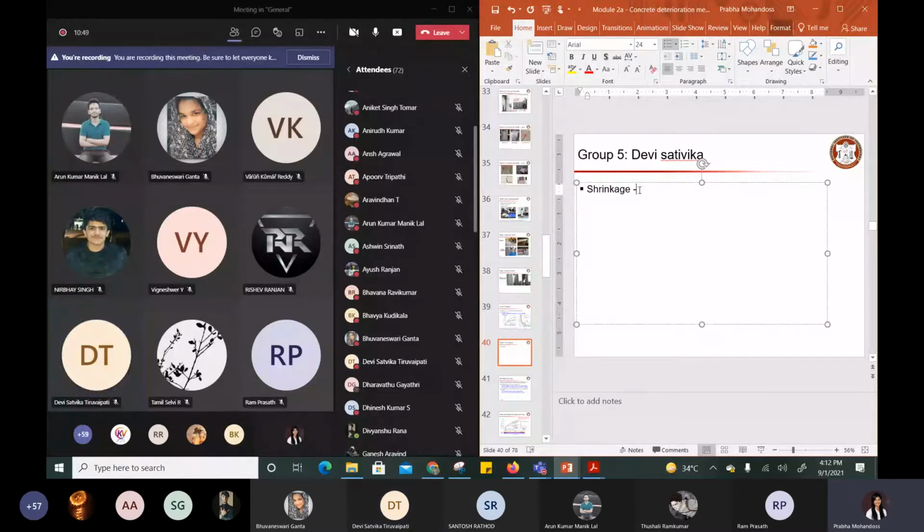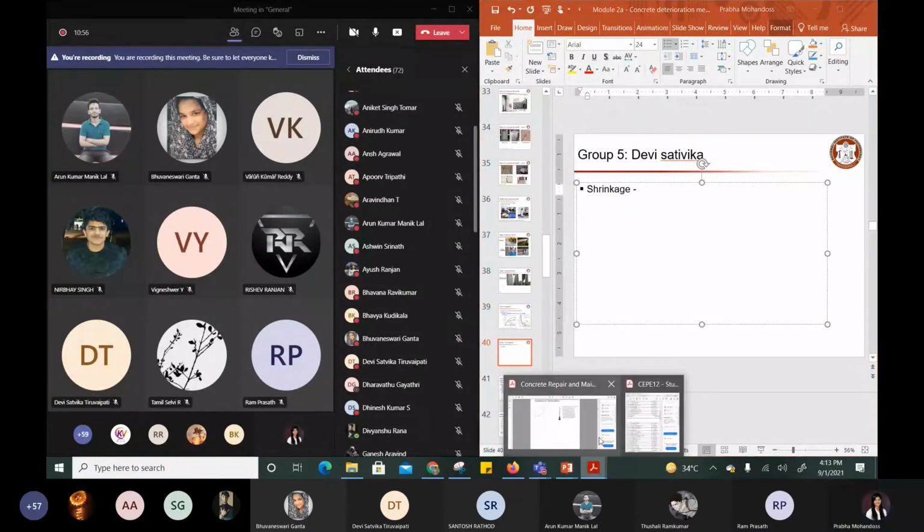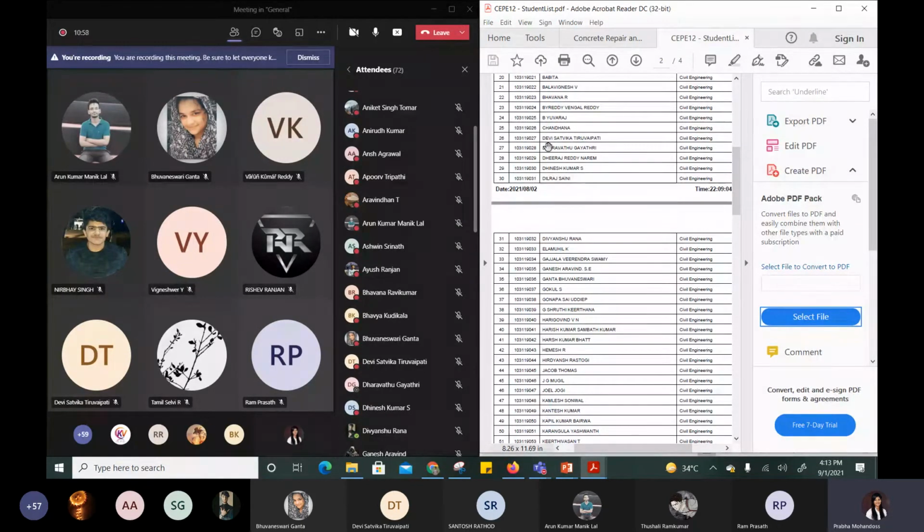Fine. So what are the different types of shrinkage that you can observe? Did you know the types of shrinkage? I'm going into this in detail because half of the students are from B section, whose concrete technology portions I remember, and the remaining students are from A section, and I do not know whether these things are covered in detail in your concrete technology portion.